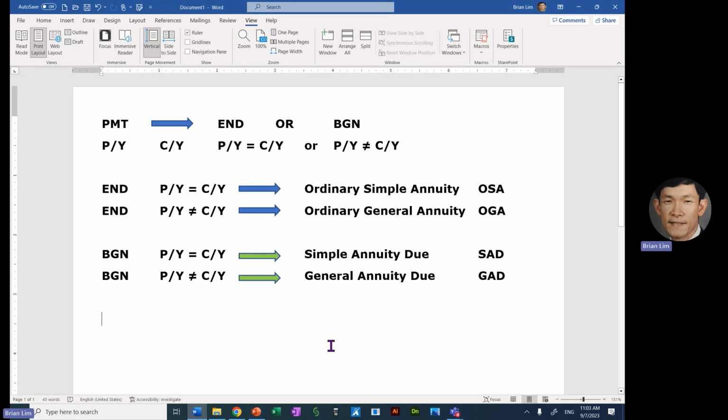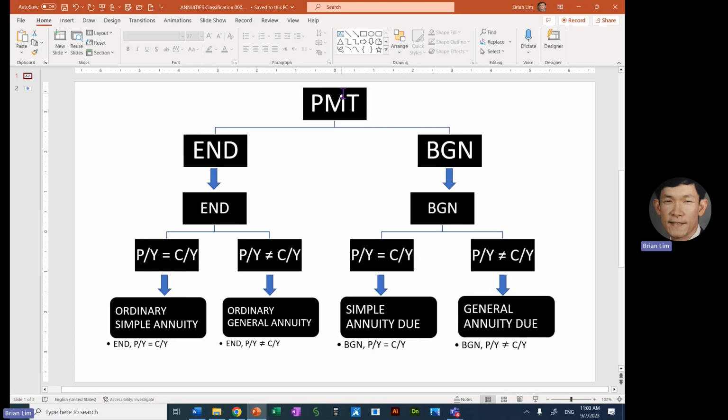Now we can represent this in different forms, such as a vertical. If it's payments at the end, and PY is equal to CY, we have this ordinary simple annuity. Payment is at the end of the payment period, such as end of the month, but the compounding frequency is not the same, such as semi-annually.